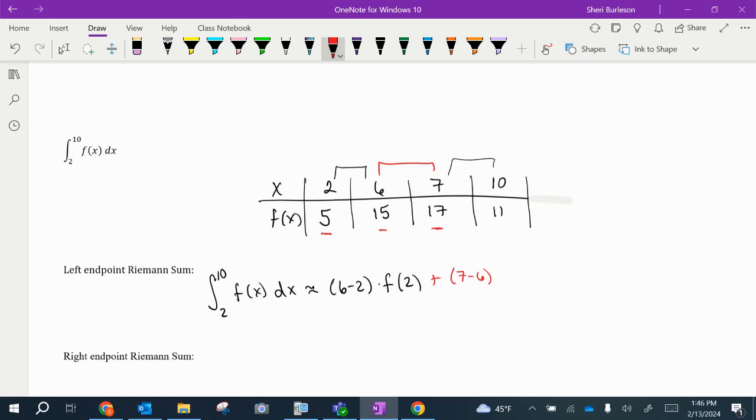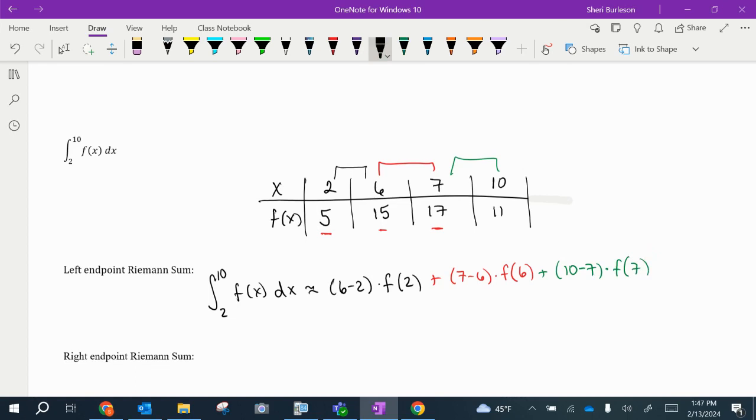Could I do that subtraction in my head? Absolutely. And then I'm multiplying by the function value at my left endpoint. And then the last interval, my width is 10 minus 7, the length of that interval, times f of my left endpoint.